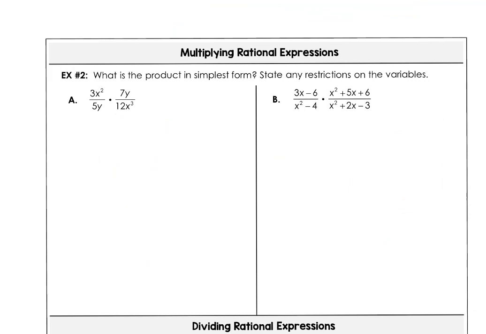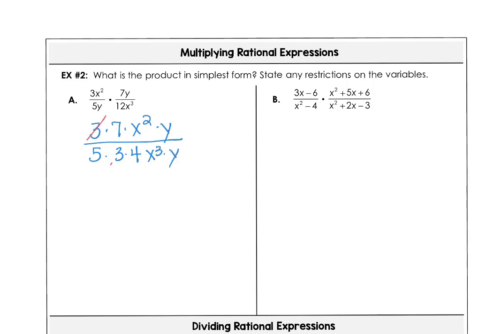Next, we're going to jump into operations. First, we'll consider multiplying. So to multiply two rational expressions, you multiply numerator times numerator and denominator times denominator. So 5 times 12, let's rewrite 12 as 3 times 4. And then we've got x cubed and y.